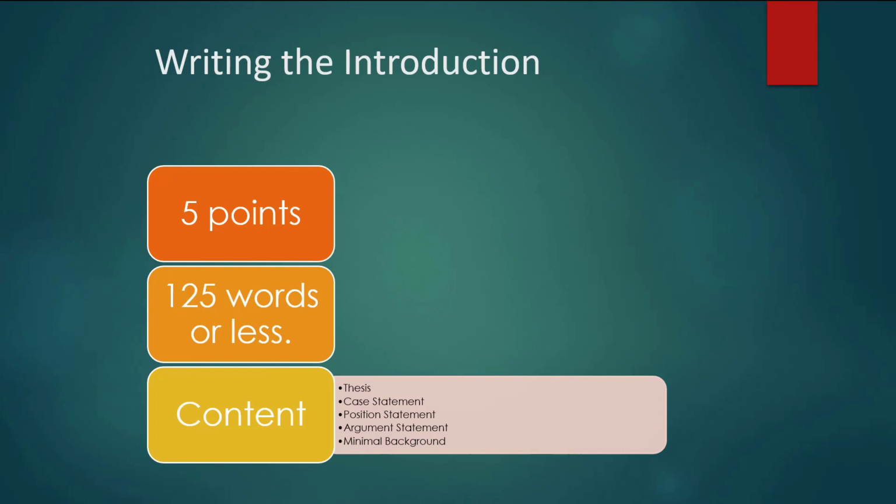Fourth is a very, very short overview of the arguments you'll be presenting, not the actual content, just saying what you're going to do. And then a little minimal background so the reader knows what's coming up next. And this should be pretty concise. This could all actually be done in a couple of sentences.